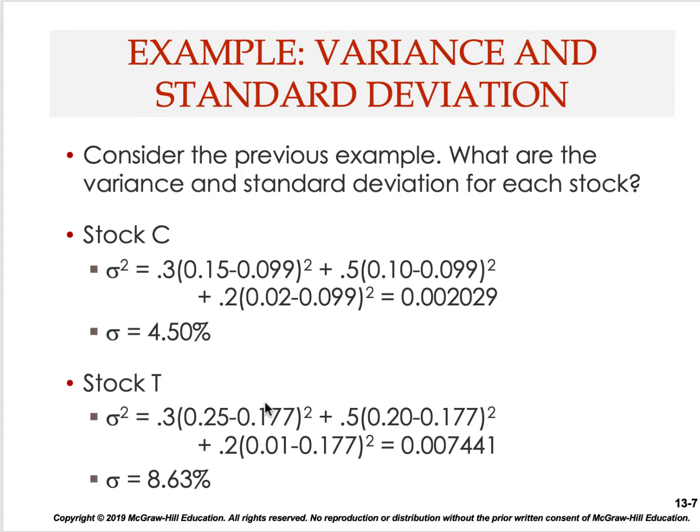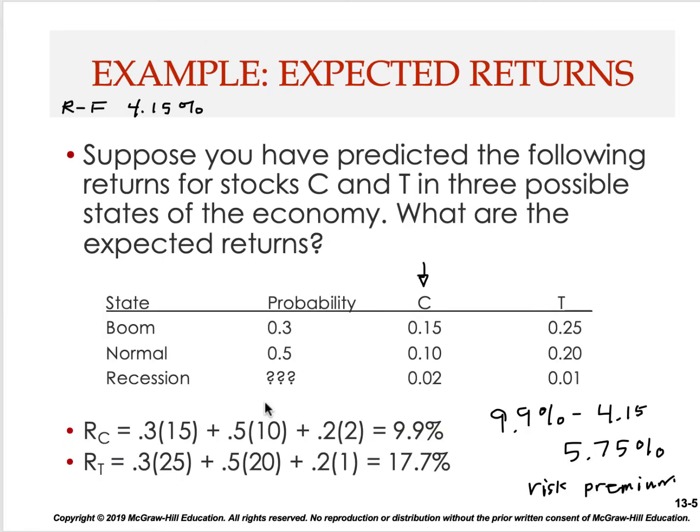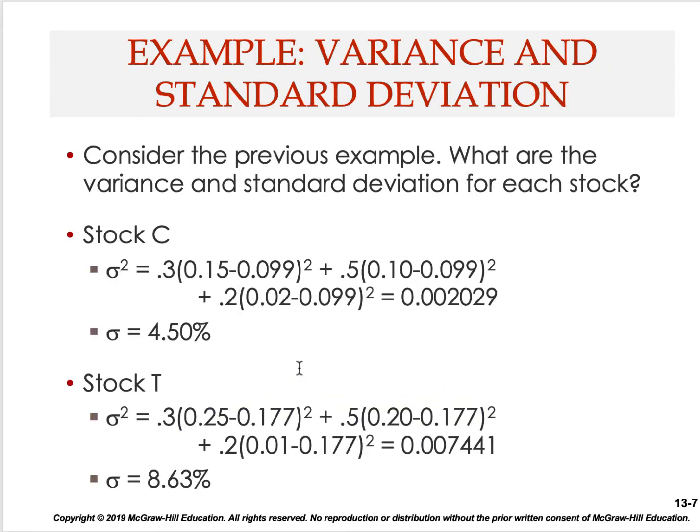So let's think back to the previous example that we had. We had 0.15, and we're looking at C, 0.15, 0.10, 0.2, or 0.02, and we had our probabilities. So how does this look?